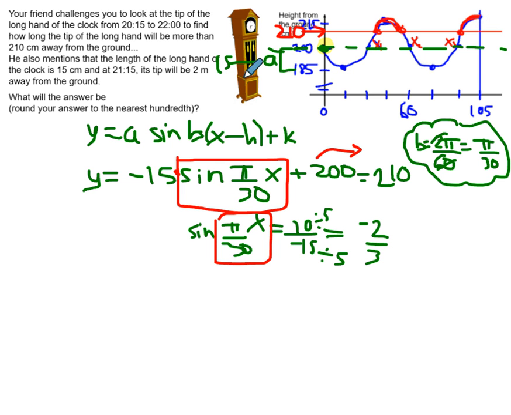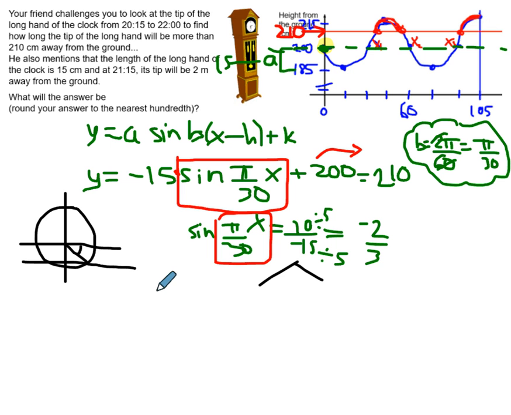Imagine, think about your trig circle. Remember sine is the y value. So when is the y value equal to negative 2/3? It's about down here. So if we find our first angle, we know we're going to have two values, right?